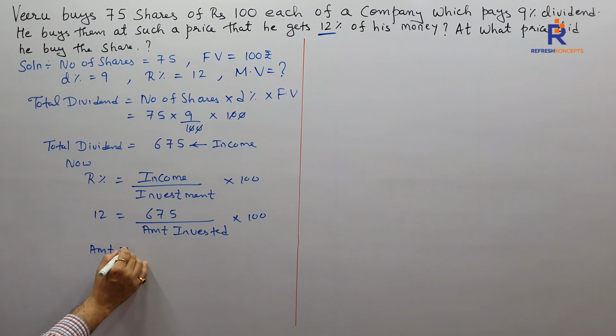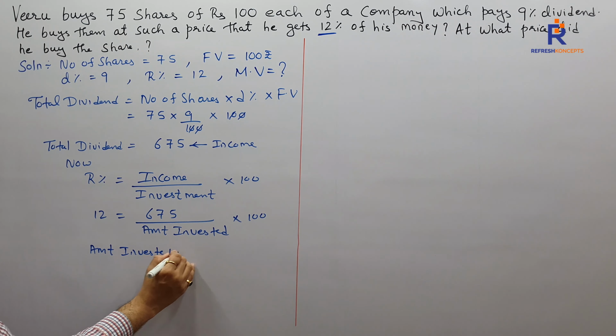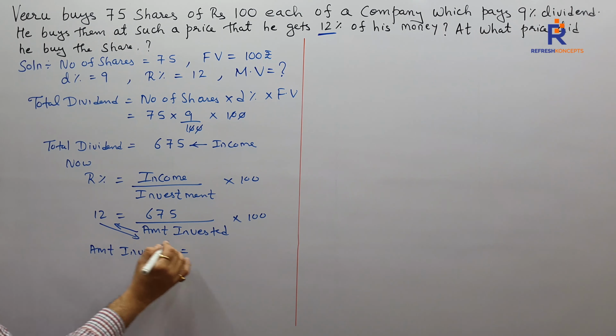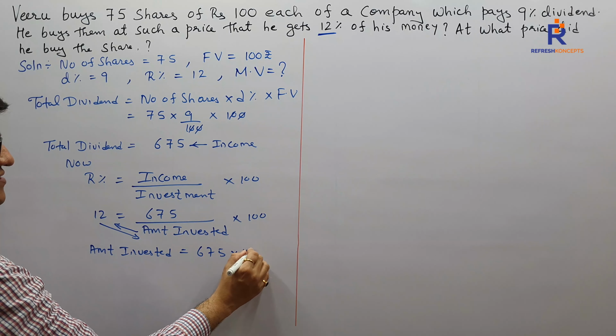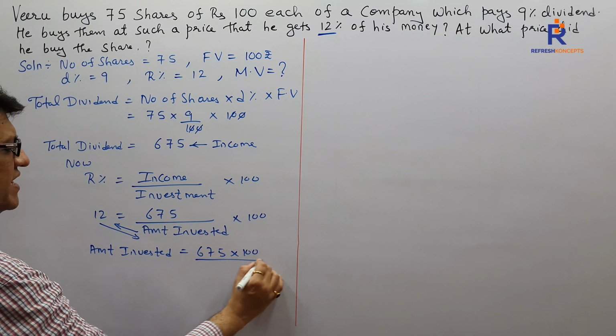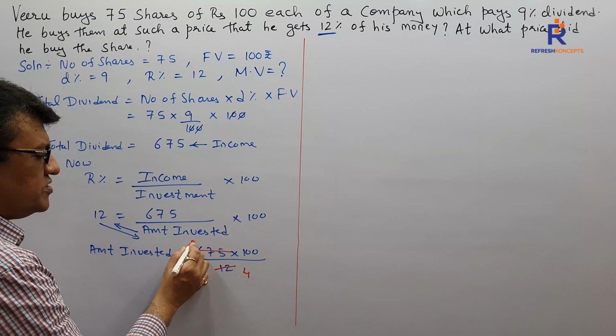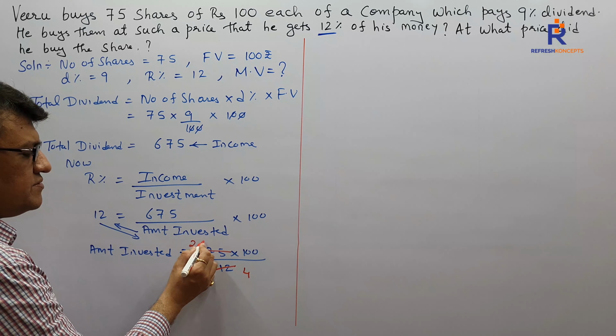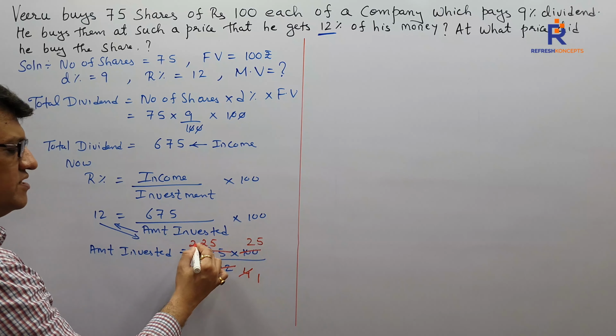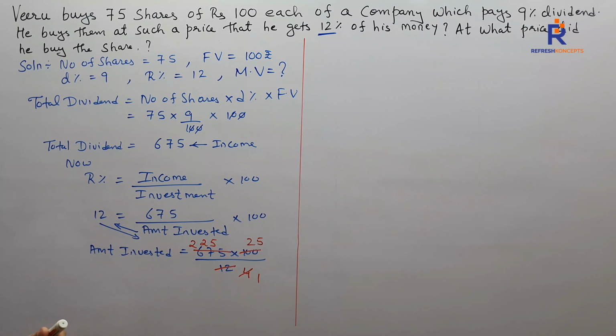Amount invested is equal to 675 into 100 by 12. 225 into 25, 5625 rupees is the amount invested.